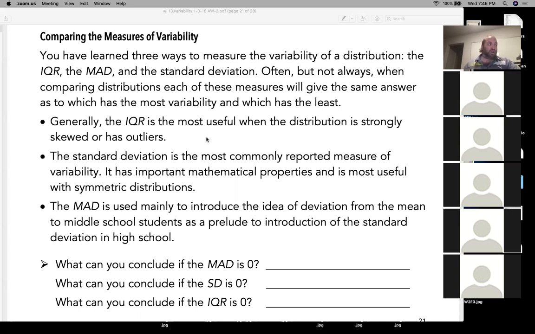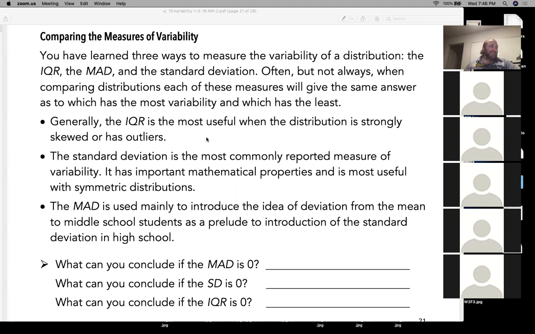The standard deviation is the most commonly used one. It has the best mathematical properties, and it's most useful for symmetric distributions.